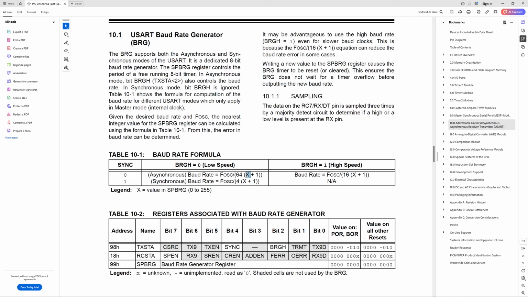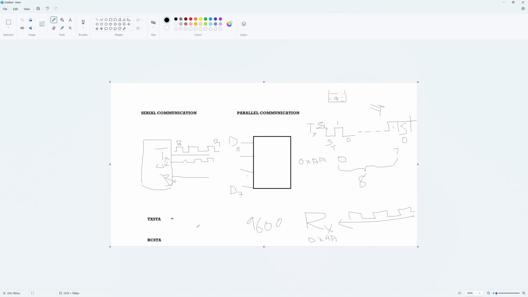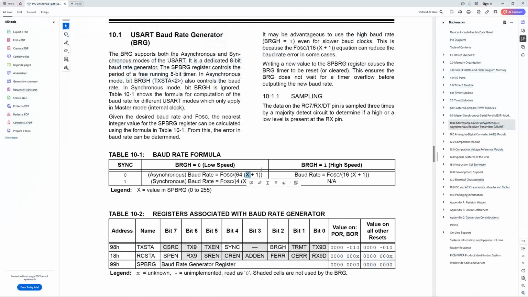So x means a particular value we need to write into a particular register called SPBRG, the serial port rate generator. So we have one more register. This is the third register we need to configure in order to get the communication. So the SPBRG value we will get out of this.